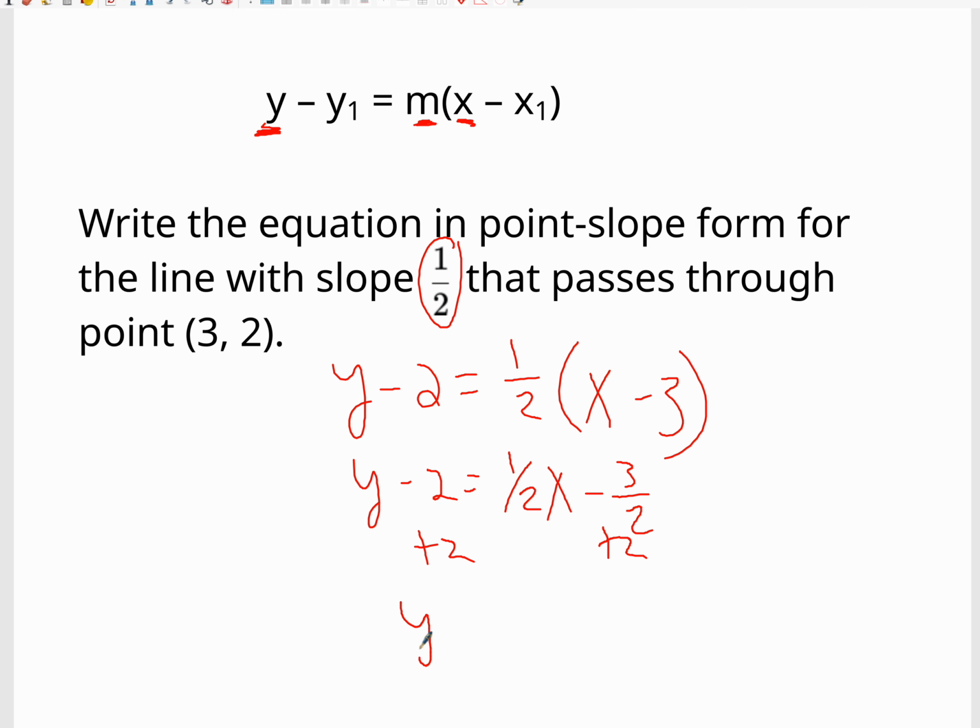So that would be y equals 1/2 x plus 1/2. We're good. That's slope-intercept form now. We have y equals mx plus b. Slope is 1/2. That doesn't change. We knew that from up here. And now we know that the y-intercept is 1/2. That's it.